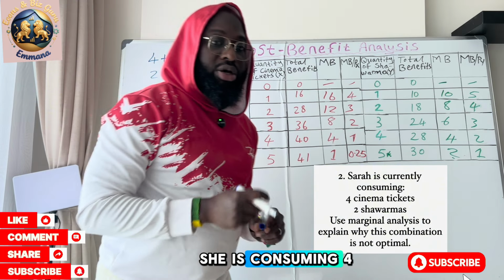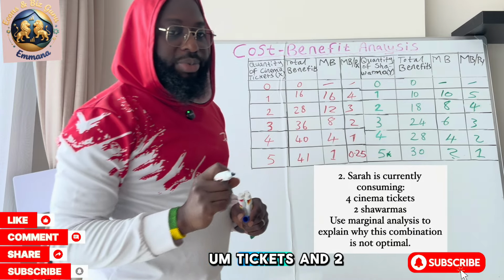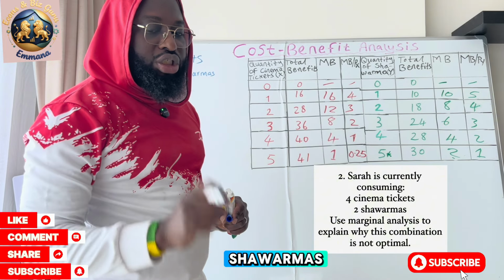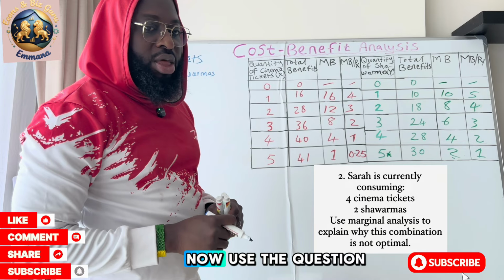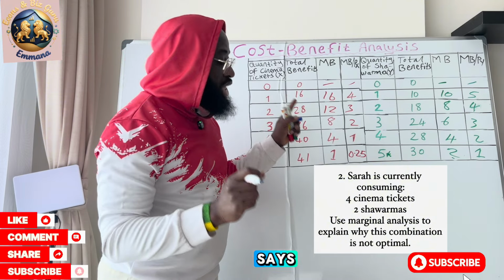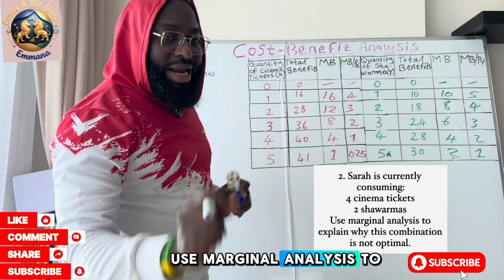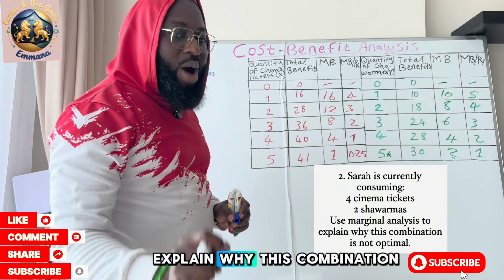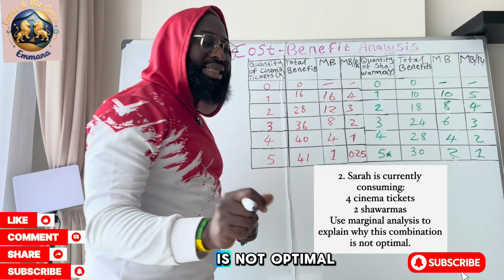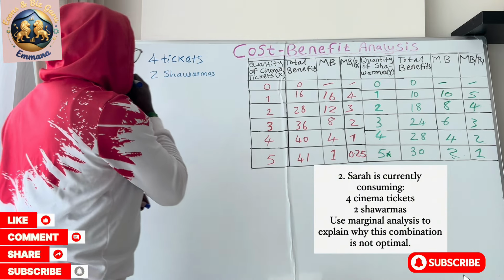She is consuming 4 tickets and 2 shawarmas. Now, the question says, use marginal analysis to explain why this combination is not optimal.